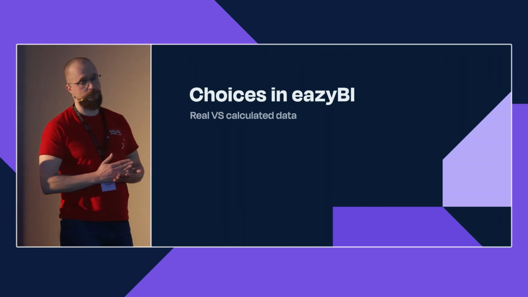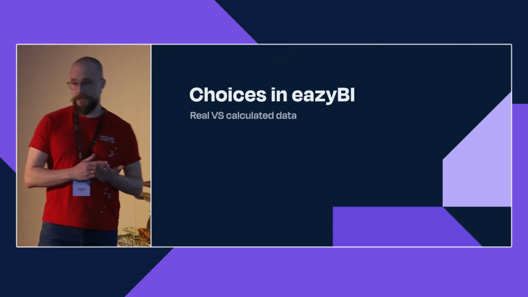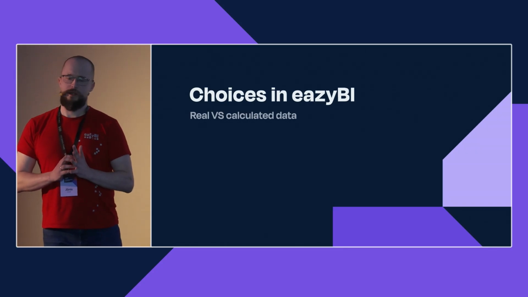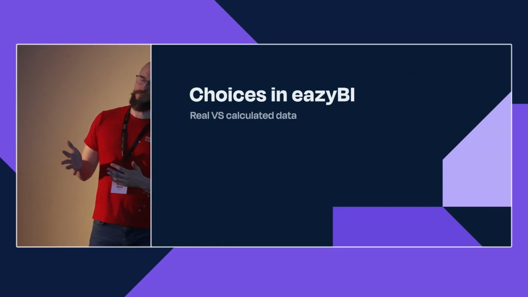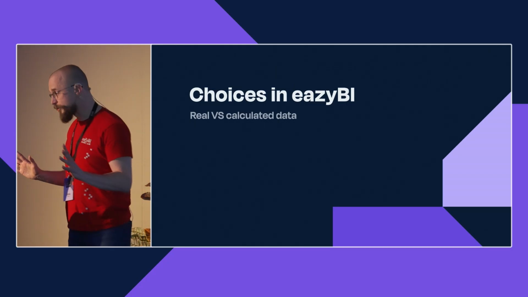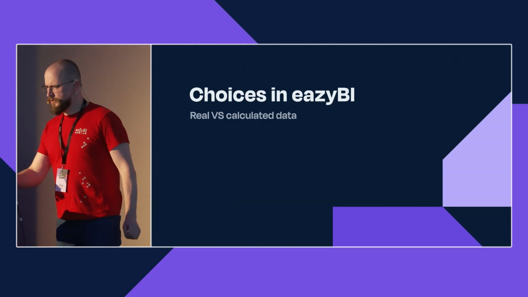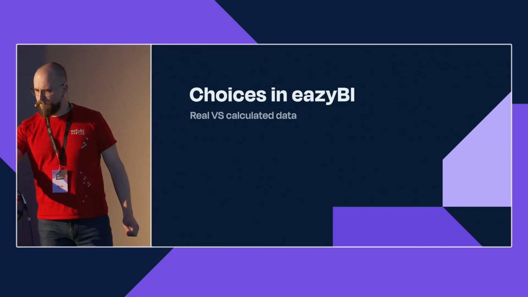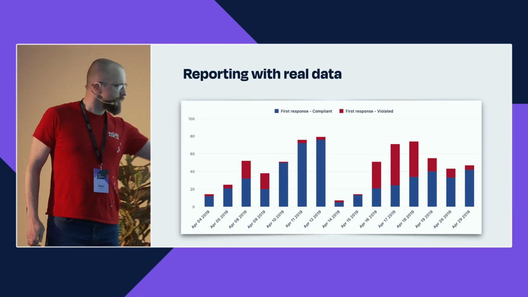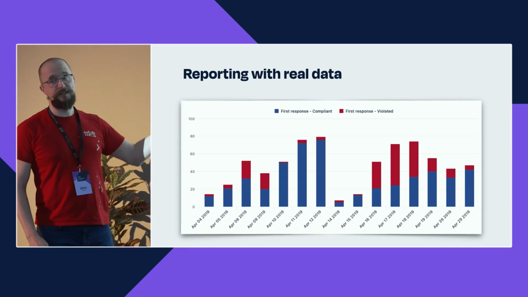Another way you can make choices is you can report on real data or calculated data. And we all know calculated members, measures. You all write MDX. You're very good at that. Let's look at some very basic report. Now, I think everyone can understand what this is.